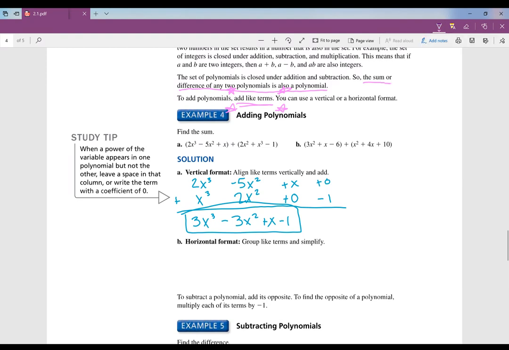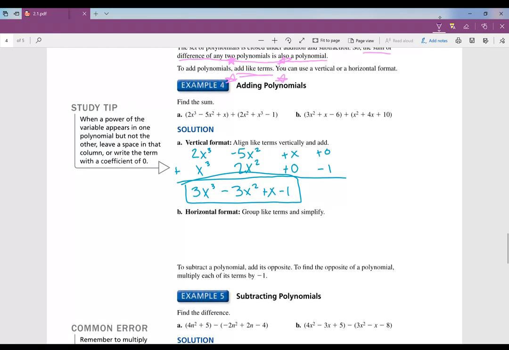Okay, let's do an example in the horizontal format. For this one, we have 3x squared plus x minus 6 plus x squared plus 4x plus 10. For this one, we can just look at our whole expression and see where our like terms are. We have a 3x squared and an x squared here.